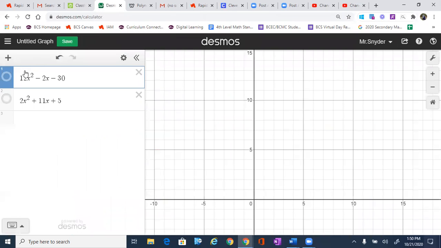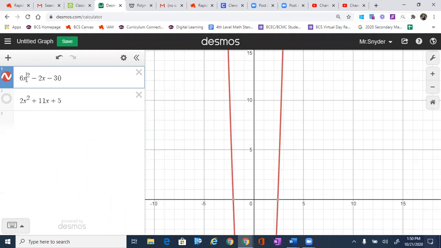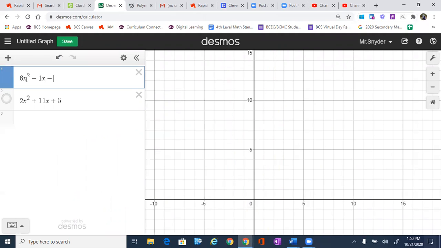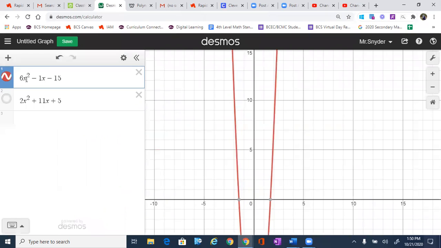So the first thing I'm going to do is I'm going to come up here and we've taken out the 2. So I'm going to change it to 6 minus 1 and 15. And I'm going to do that because we took out the greatest common factor. And what I'm going to do is I'm going to look for the roots. Now, in this case, the roots are funky looking. They are so ugly.